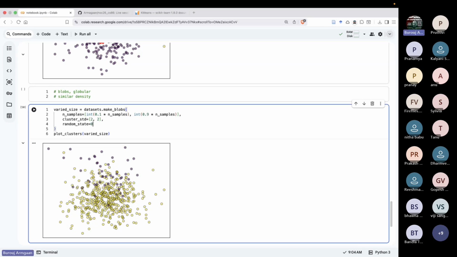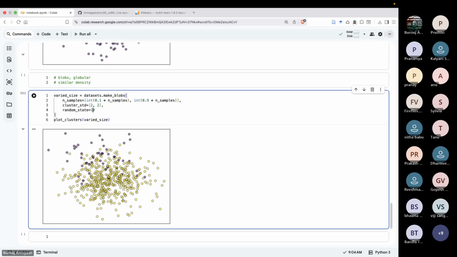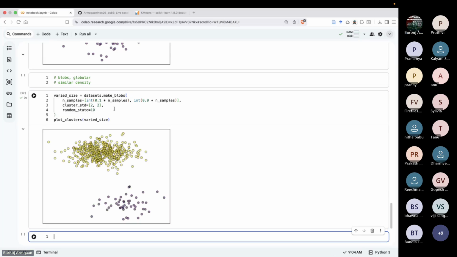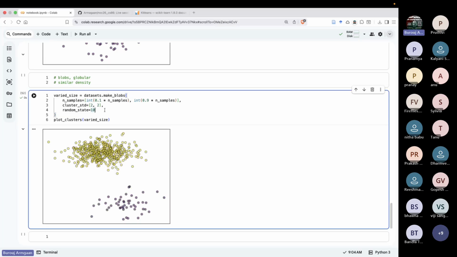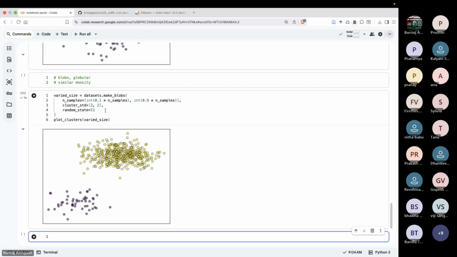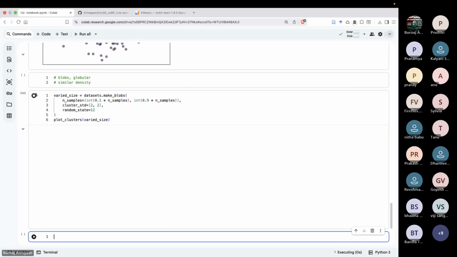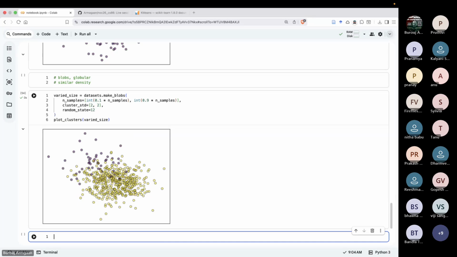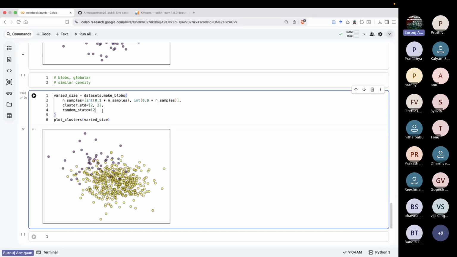Let's try a different seed. Nah, this is almost not two clusters.